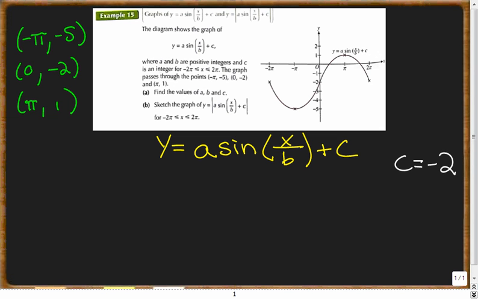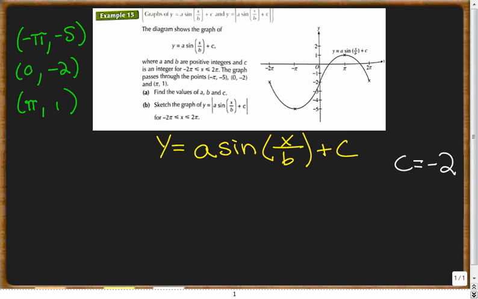Now we can look and say, hey, that point at pi and that point at negative pi, those are maxes and mins. So I can use that to help me out.